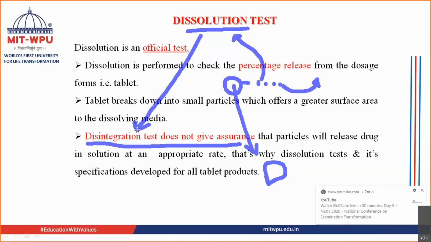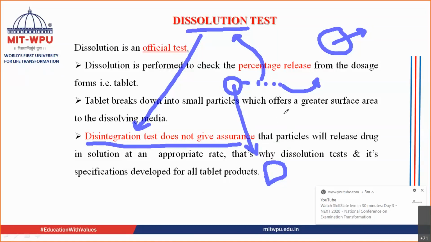Tablets first get disintegrated and then dissolved, except for some special dosage forms where the tablet remains intact and the drug is getting released. We don't carry out the disintegration or dissolution test for these dosage forms.